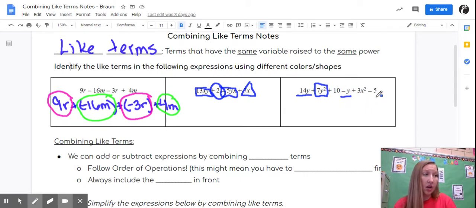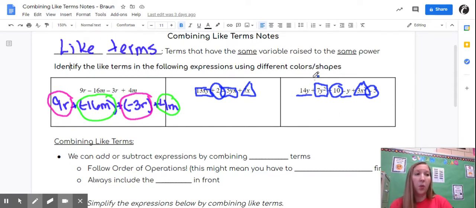And then if I look down here, I have minus 5. So those are two constants. So those are going to be like terms. I'm going to circle those. And then last, I have 3x squared. Since I don't have any other terms with an x squared, I'm going to put that in a triangle as best I can. So those are showing our different like terms.